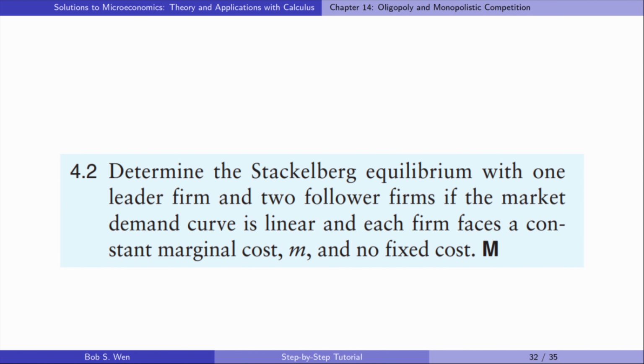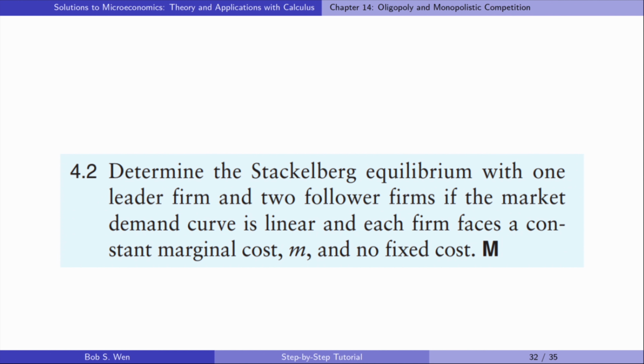Suppose the market demand curve is P equals A minus B times the market output Q. Firm 1 is the Stackelberg leader and sets its output first. It knows that firm 2 and firm 3 are Stackelberg followers and will set their output according to their best response functions. We tackle the problem in 2 steps.